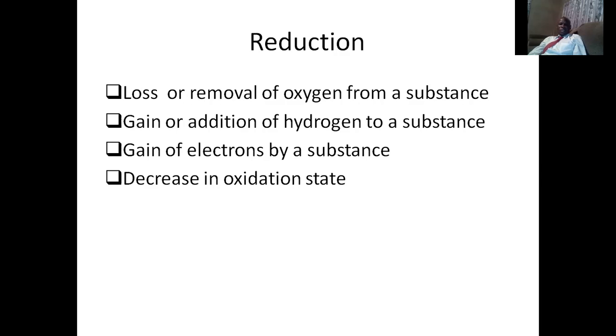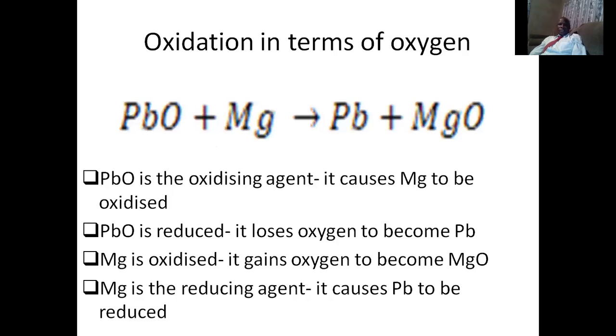And so now we go into detail in looking at exactly what happens when there is oxidation and reduction. Here is an example of oxidation in terms of oxygen. We note that here red oxide reacts with magnesium to produce red and magnesium oxide.